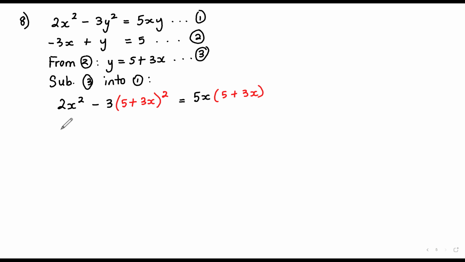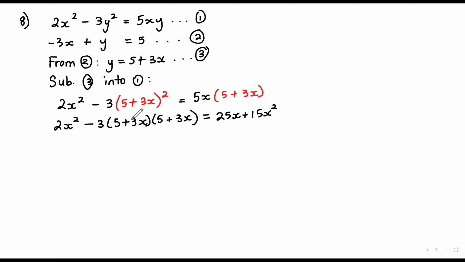So this will be 2x squared, take away 3 by 5 plus 3x times 5 plus 3x. And all of that is equal to 5x times 5, which is 25x, and 5x times 3x, which is 15x squared. 5 times 3 is 15, x times x is x squared.